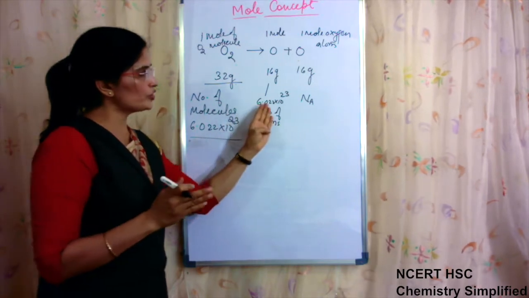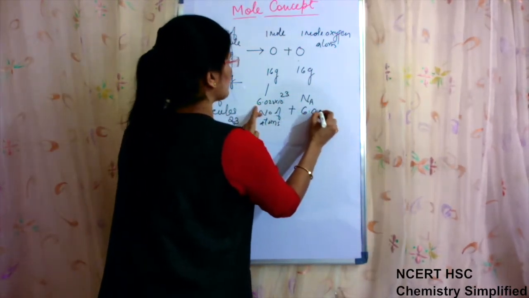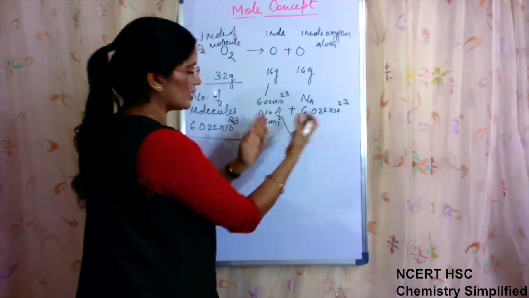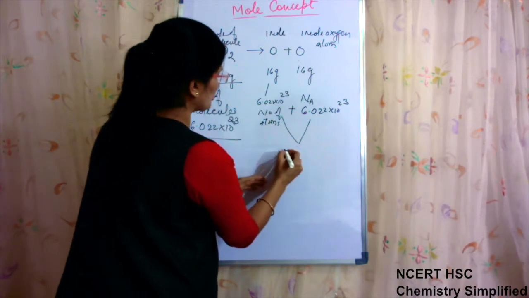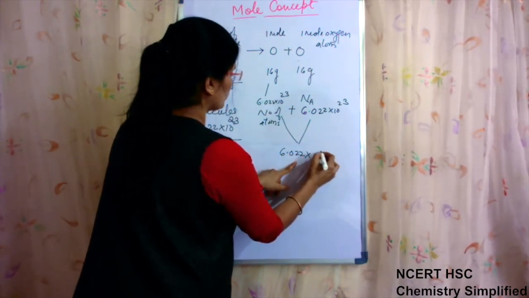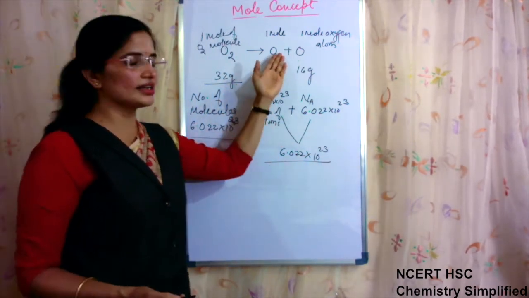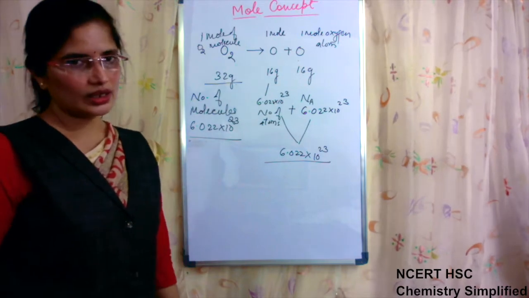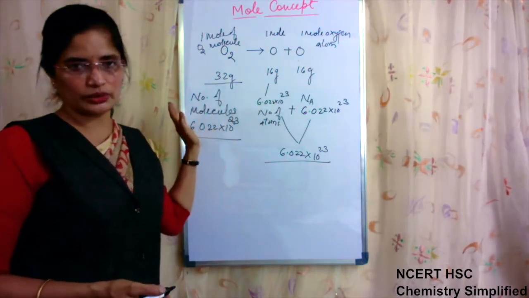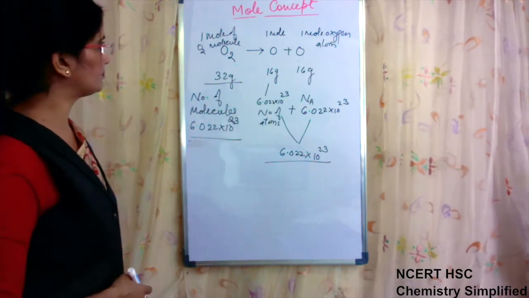So 6.022 into 10 to the power 23 have combined with 6.022 into 10 to the power 23 to form molecules which again equal 6.022 into 10 to the power 23, which are bigger in size than the previous atoms. So the number is not going to double when it is forming a molecule. The number is going to remain same. This thing must be clear in your mind.